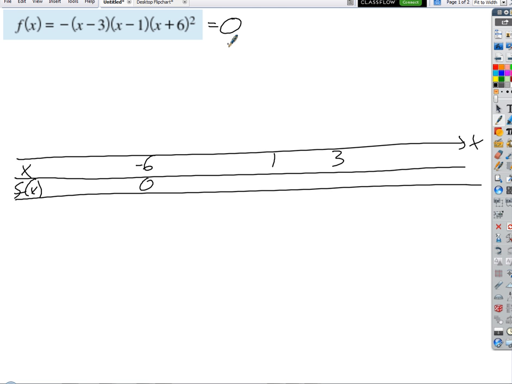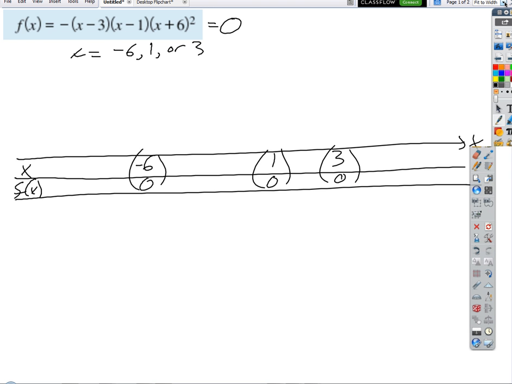Okay, and then we know that by the zero product property, those are the 3 solutions we get by the zero product property, okay? So we can write those as ordered pairs, and those are 3 points that we know.